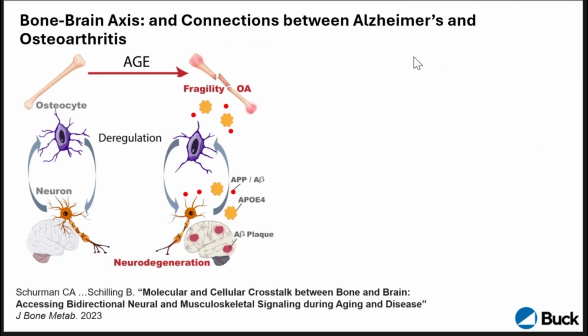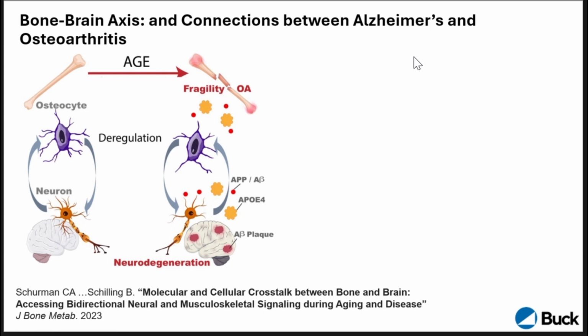There is also the thought that bone health, as it declines with age, informs brain health, and the other way around. This is not something we think of normally, but it is true that bone health can influence brain health and the other way around.